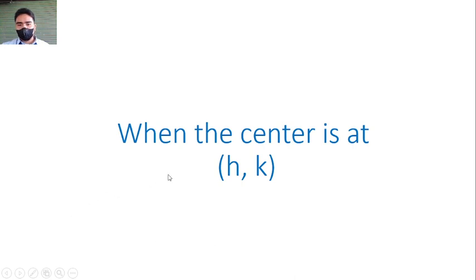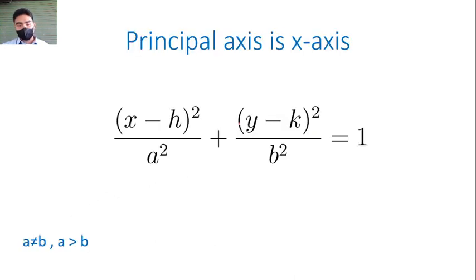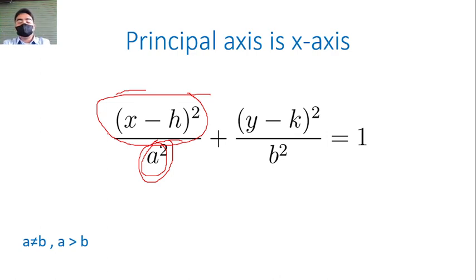the ellipse when the principal axis is at the x-axis. So if you will notice, same goes with the thing a while ago. No? So below, the denominator of your x is your a, or the vertices, because we said that the distance of your vertices is longer than your co-vertices, or your minor axis.